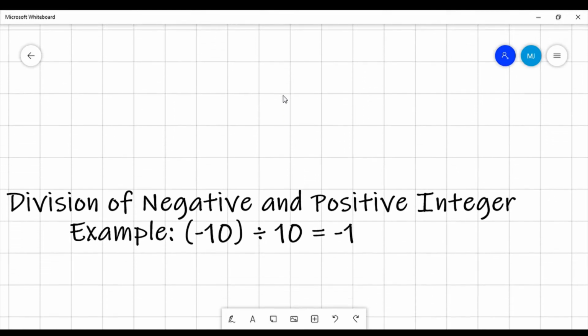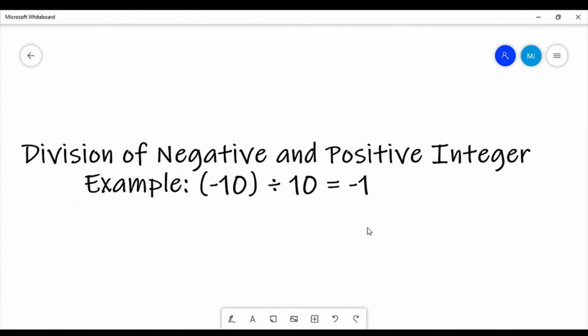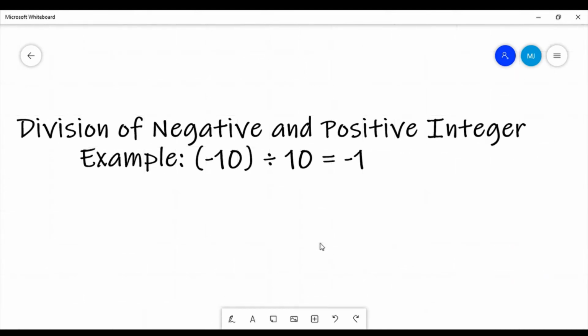And for the last, the division of negative and positive integer. In here, always remember that when we divide negative and positive integer, or rather when we divide positive and negative integer, ang tatandaan lang natin is divide the number and then the result is always negative.